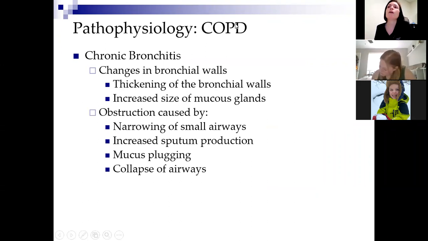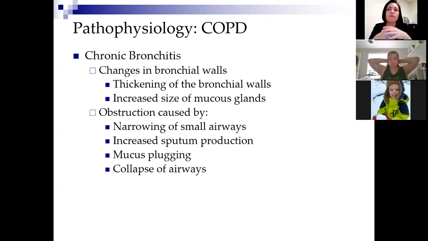But the breakdown of the 2 conditions: chronic bronchitis is physical changes in the bronchial walls, and the airway is being obstructed. There's thickening of the bronchial walls, and there's more mucus being produced because the mucus glands actually get larger. And then there's a smaller airway.